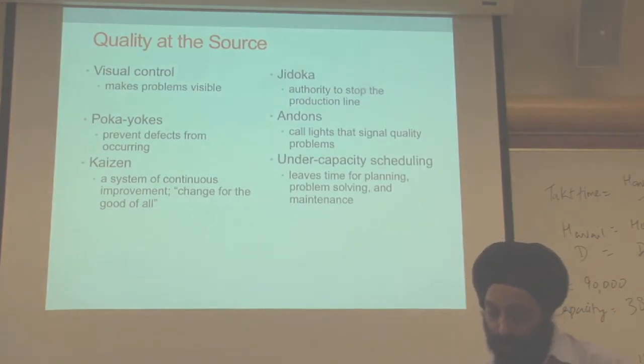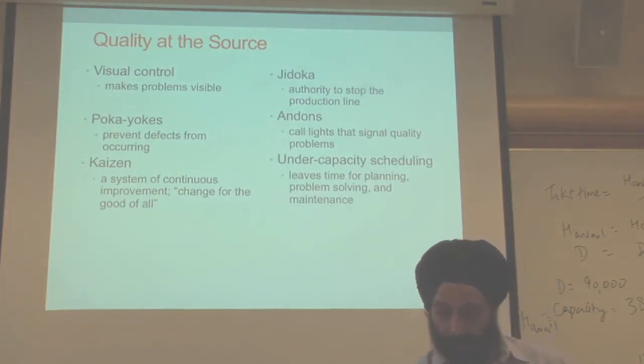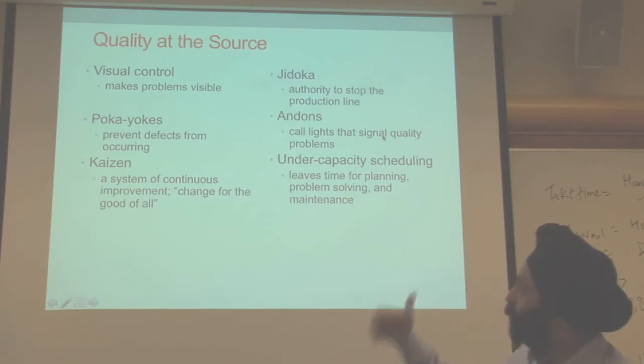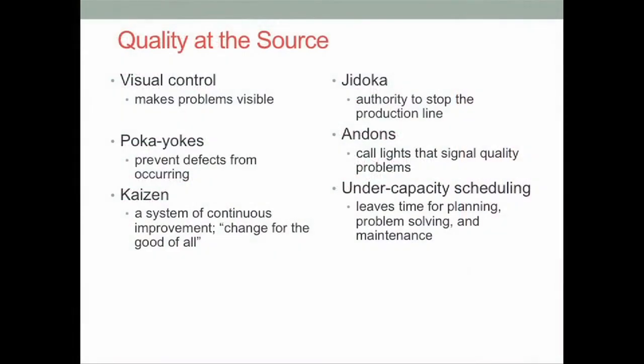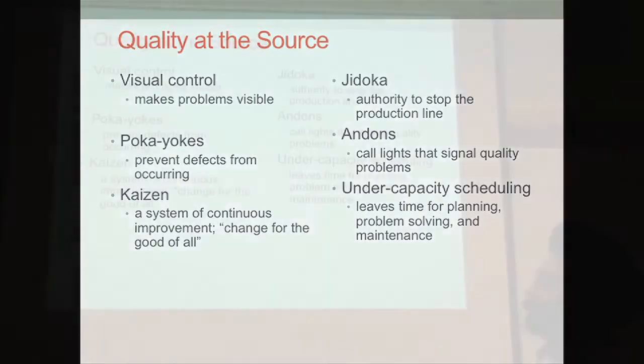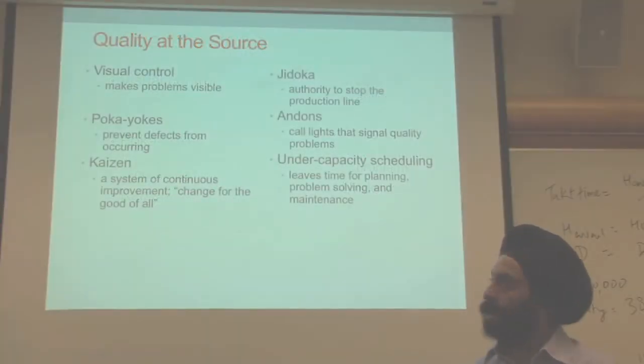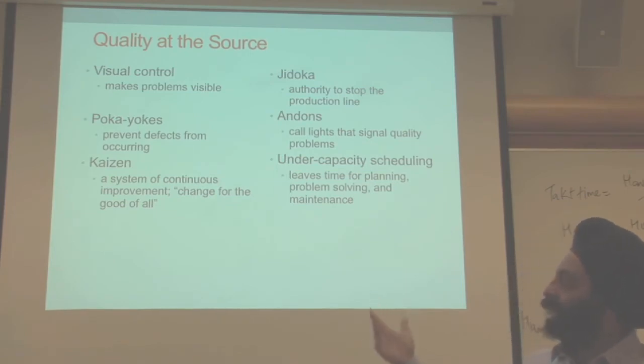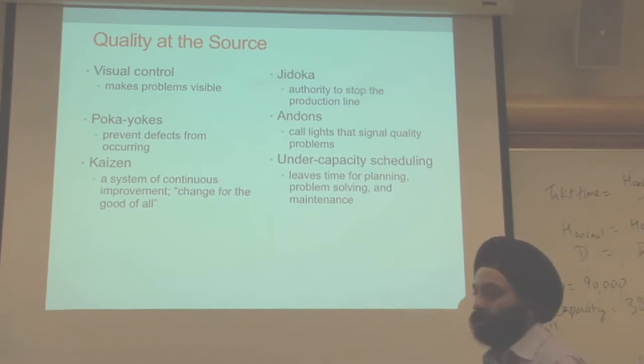Quality at the source is another tool, which focuses on visual control, making problems visible, as we pointed out earlier. Poka-yokes prevent defects from occurring in the first place. Some inadvertent errors we try to avoid. Kaizen, we talked about in the discussion of quality management.